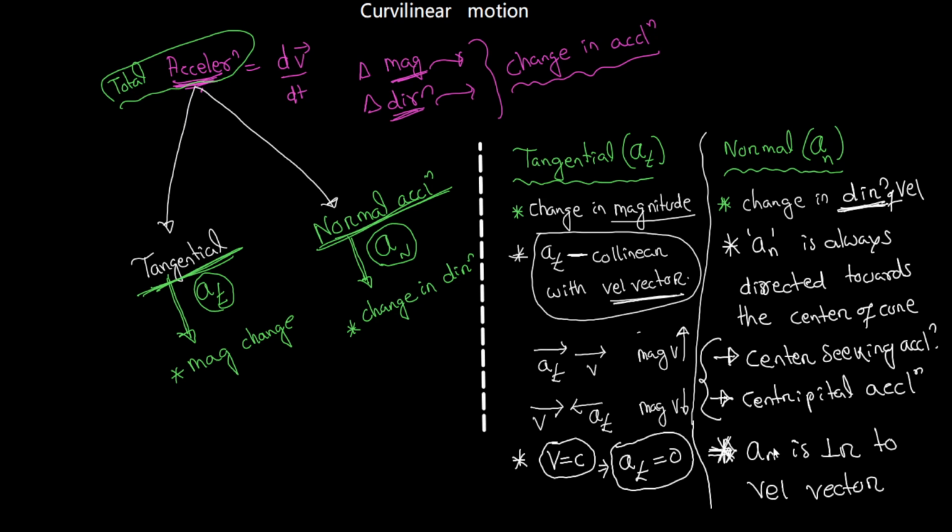Now I'm explaining the curvilinear motion. Suppose the tangential acceleration, which is responsible for change in magnitude. So at is nothing but dv by dt. If the acceleration is uniform, that means the force is constant.